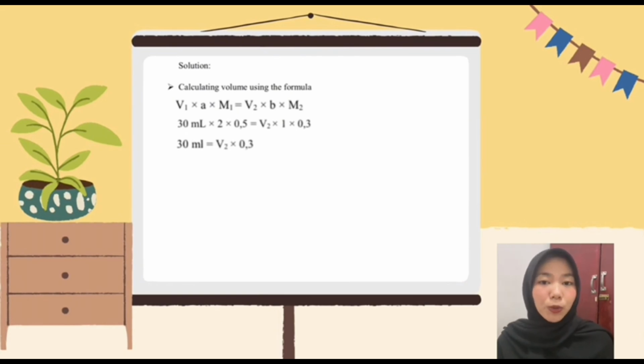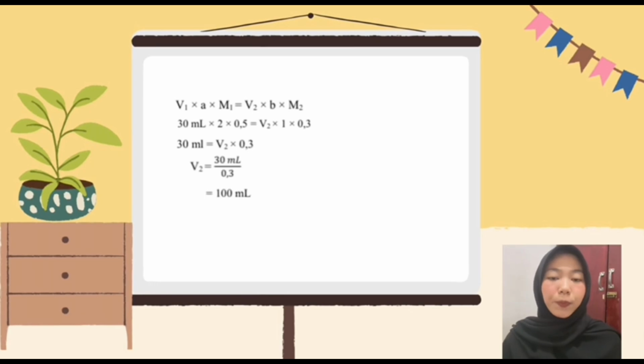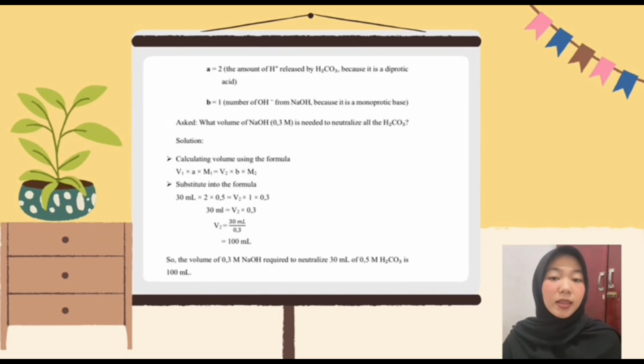Moving to V2, V2 equals 30 ml divided by 0.3, so we get the result, which is 100 ml. Then the volume of 0.3 M NaOH needed to neutralize 30 ml of 0.5 M H2CO3 is 100 ml.